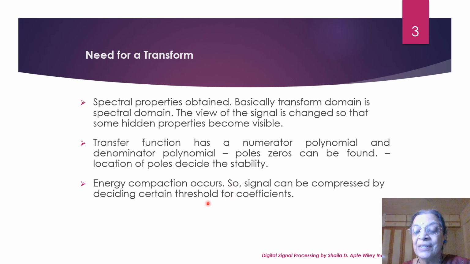Suppose you have a signal which contains 256 points, and out of these 256 points, suppose the first 50 points are significant and further values are very small, so we discard them. So 256 signal values we can compress into only 50 coefficients, and when these 50 coefficients are received at the receiver end, you have to take the inverse transform and then recover the signal.